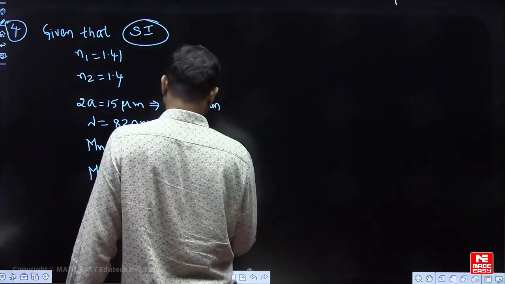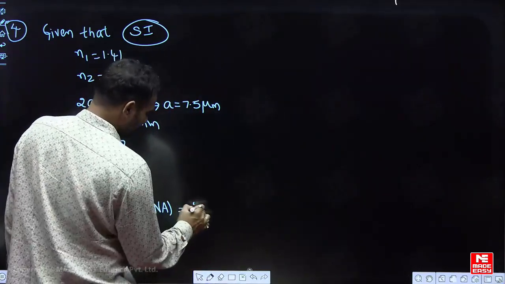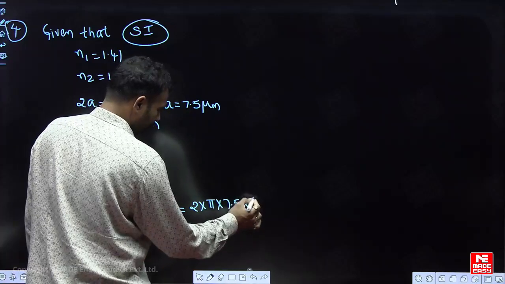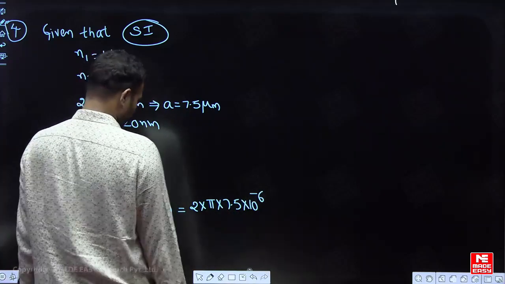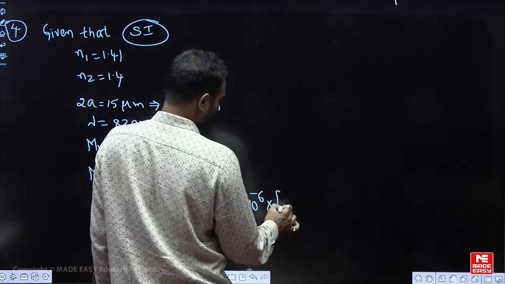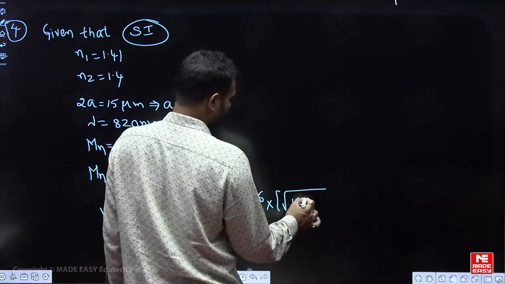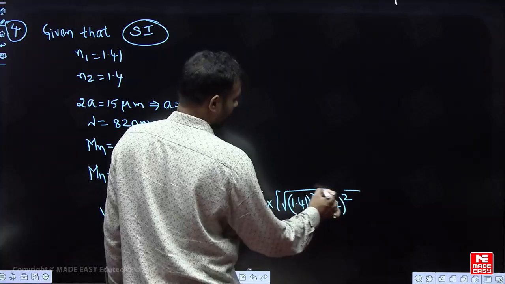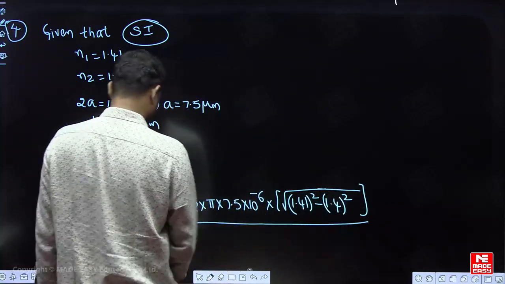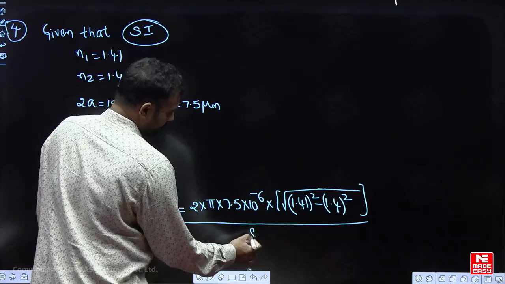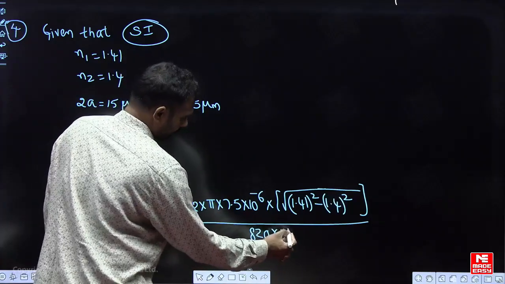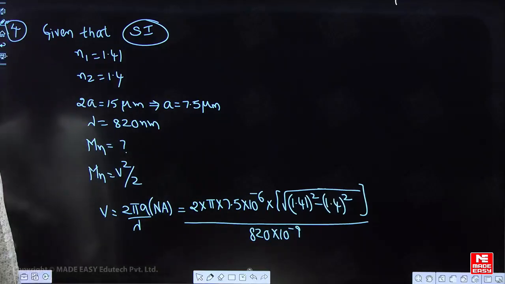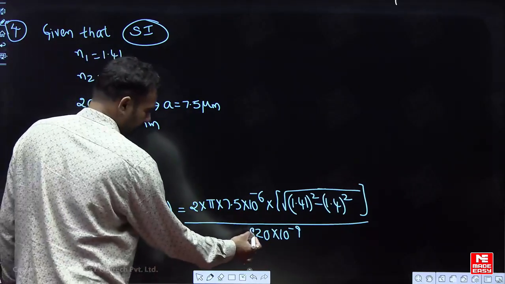We calculate these values in the V formula: 2 into pi into 7.5 into 10 to the power of minus 6, into under the root of 1.41 whole square minus 1.4 whole square, which gives the numerical aperture, divided by lambda, 820 into 10 to the power of minus 9, the operating wavelength given in the question.